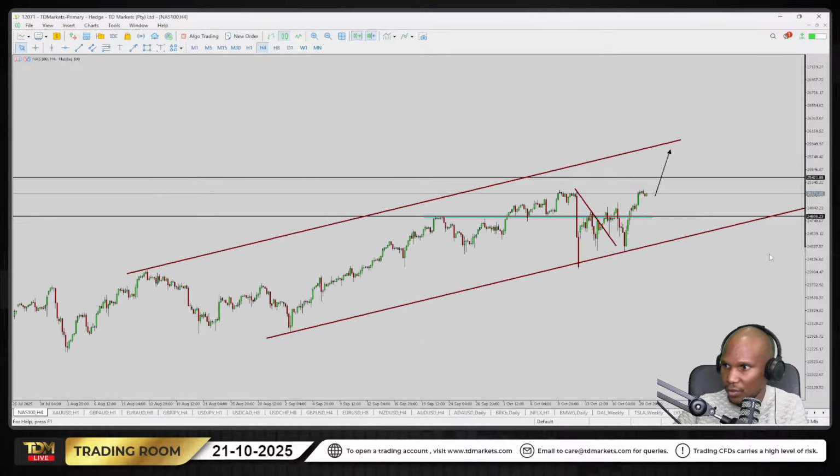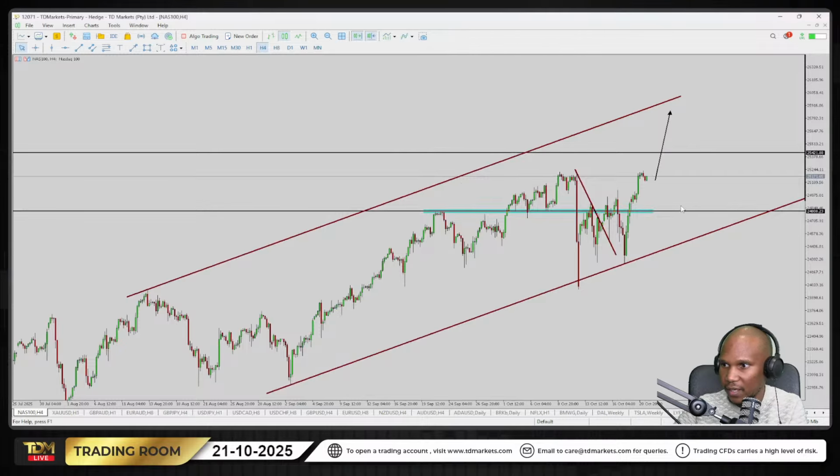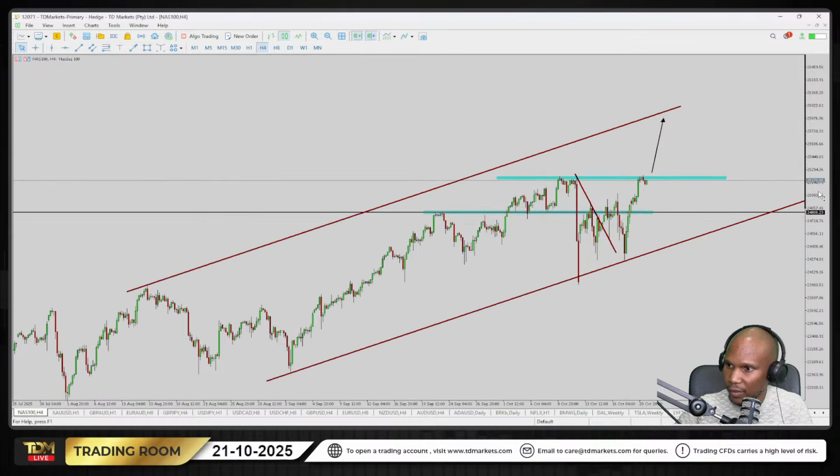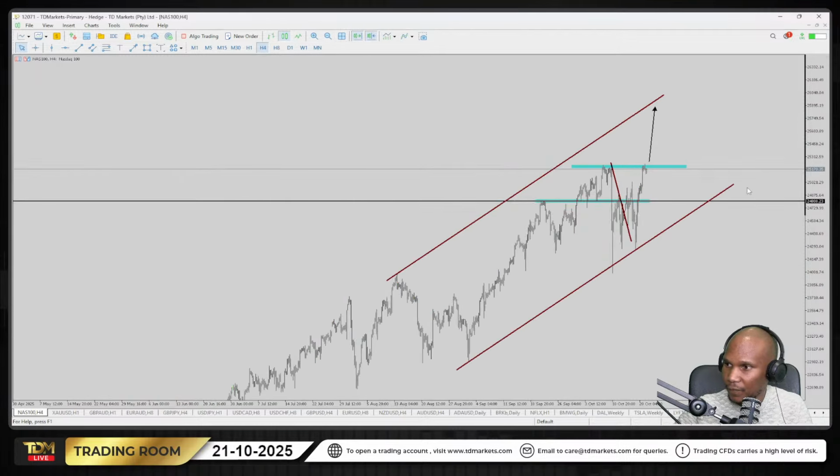At the moment, it just needs to break out of this now, which looks likely. Should it break out of that, then we continue towards the upside.